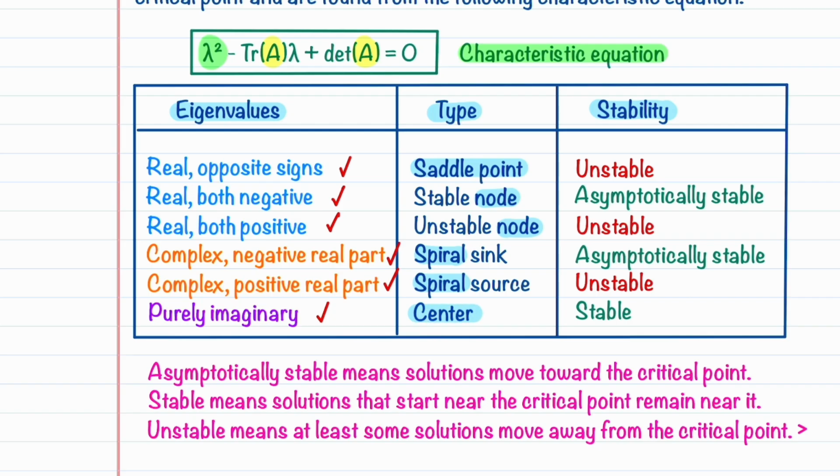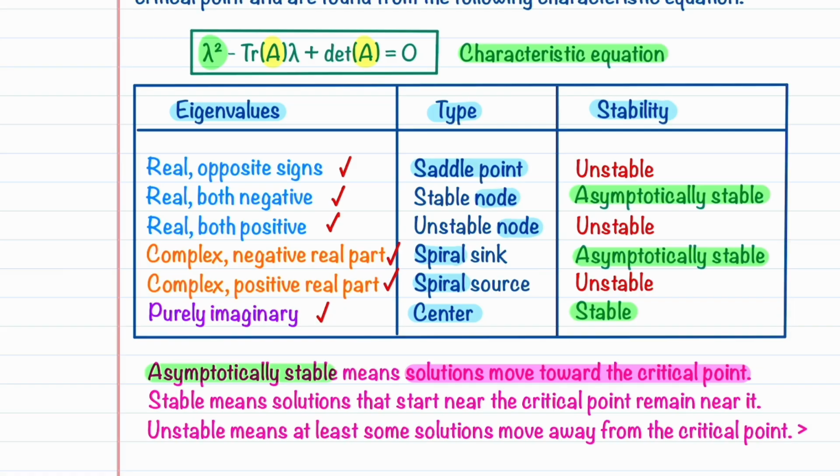Now let's talk for a minute about stability. We'll start with the term asymptotically stable. A stable node and a spiral sink are asymptotically stable, and that means that solutions move toward the critical point. The next type of stability is called stable.